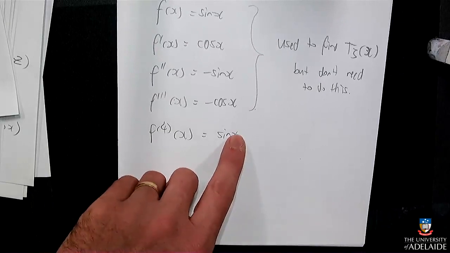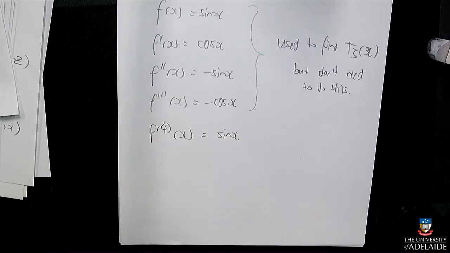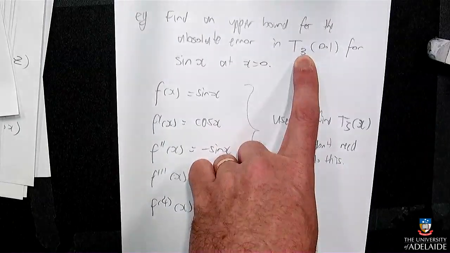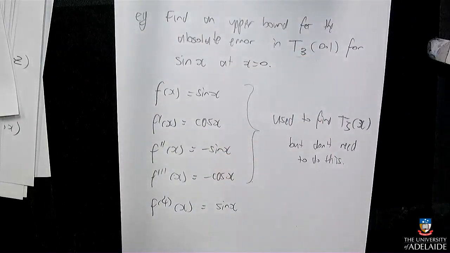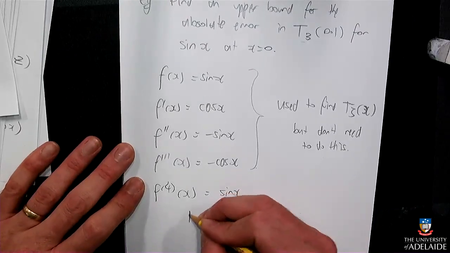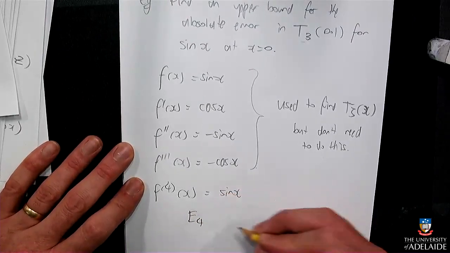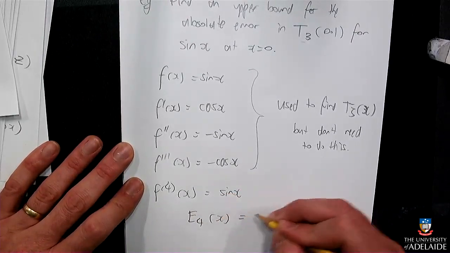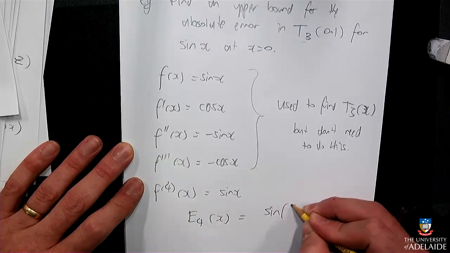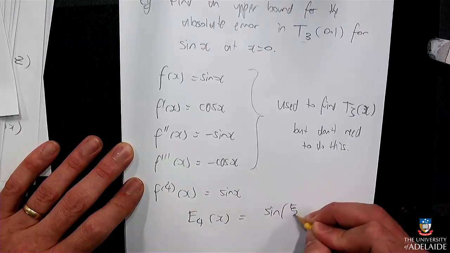I need the fourth derivative. And my error is going to use the fourth derivative because I was doing T3 and it's always n plus 1. I'll need the fourth factorial and I'll need the x minus 0 to the 4. So this looks like I'm going to have the error for the fourth Taylor polynomial at the point x is going to be sine of... Oh, damn it.